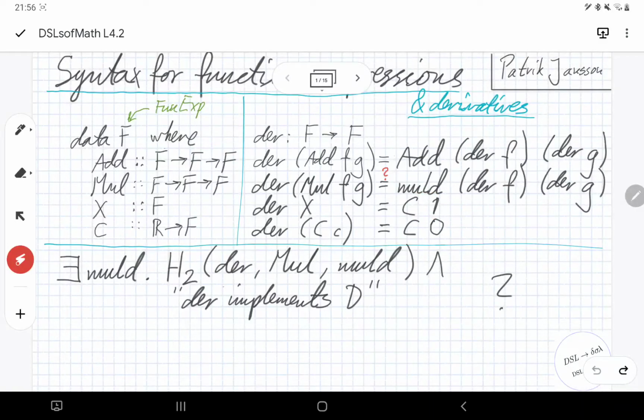And then we showed that we could implement mul d if we give it 4 arguments. But the question here is, can we implement it with just 2 arguments?